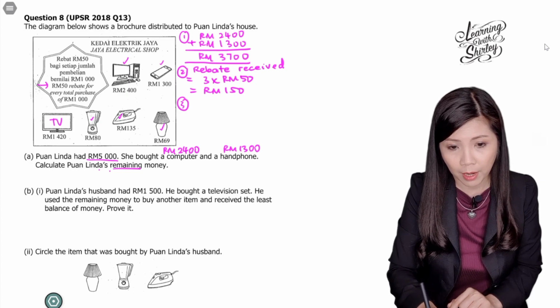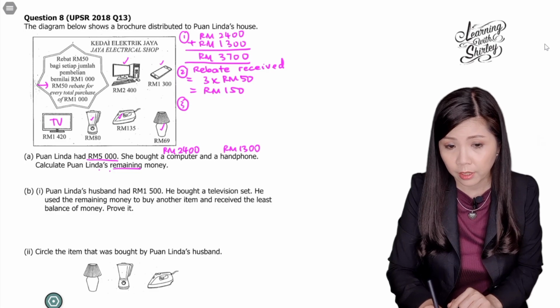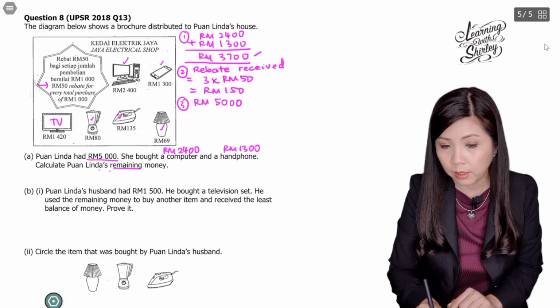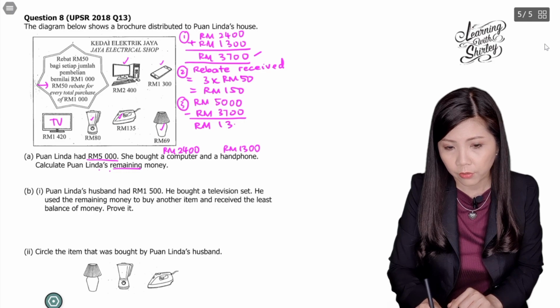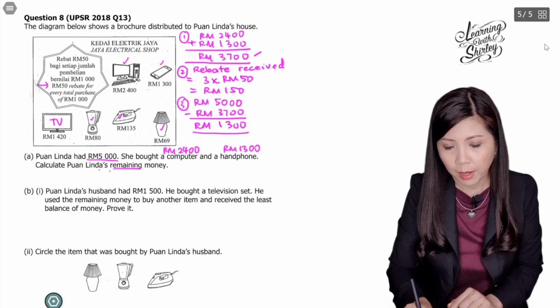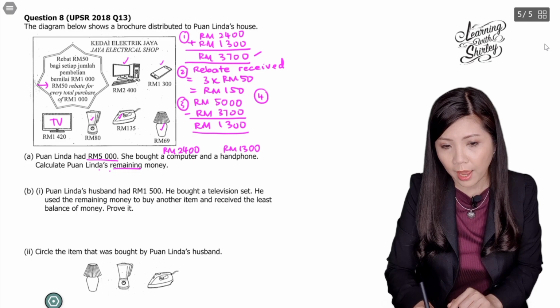And the third step is I'm going to find how much money she had after minusing the 3,700. So I'm going to use the money that she had, which is 5,000 ringgit, minus 3,700 ringgit. So I'll get 1,300. And then remember, the final step is to add the rebate.